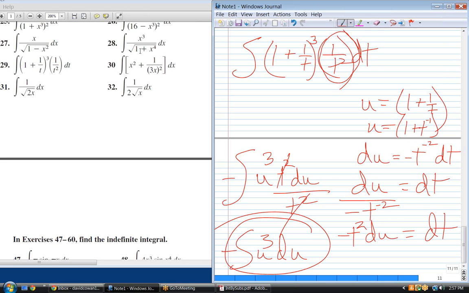That'll get rid of it because that 4x cubed will end up in the denominator. Well, this is slightly different because when I let u equal 1 plus 1 over t, the derivative of that is t to the minus 2. So my t squared actually ends up in the numerator instead of the denominator. But that's perfect. That's where I want it. A little bit like the natural log function.